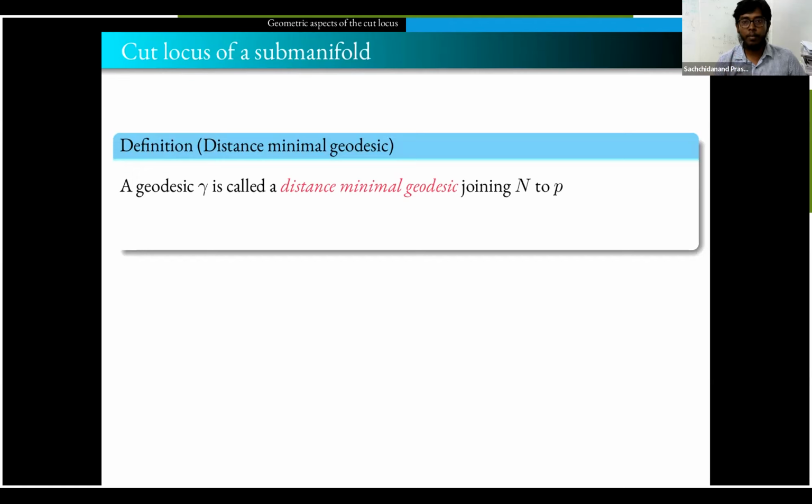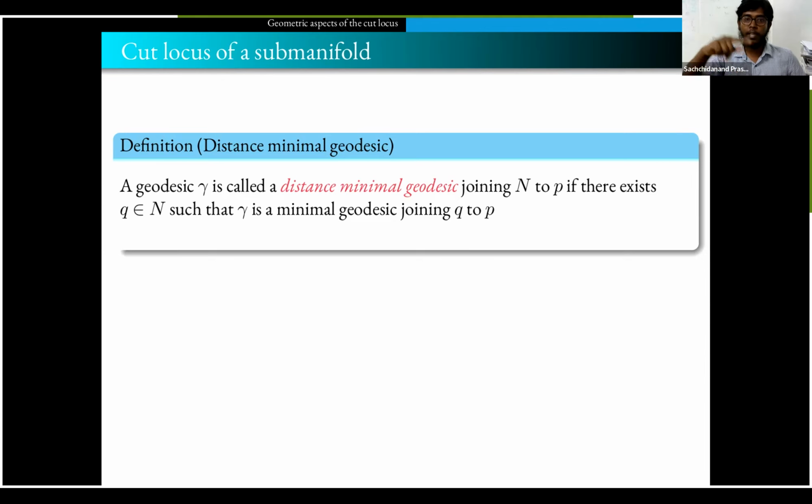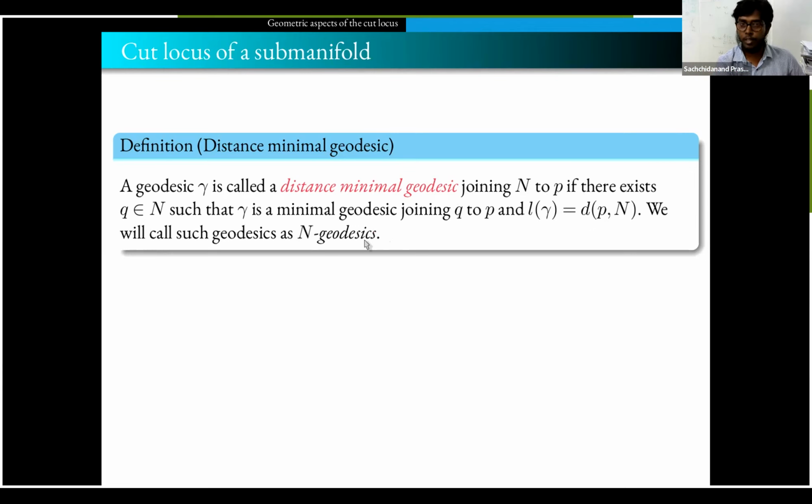If M is a Riemannian manifold and N is a submanifold of M, then a geodesic gamma is called a distance minimal geodesic joining the submanifold to point P if I can find a point Q in N such that this gamma is a minimal geodesic joining Q to P, and by minimal here I mean that the distance between these 2 points P and Q is the same as the length of the geodesic joining P to Q. And of course, the length of gamma should be equal to the distance from P to N. We will call this type of geodesic an N geodesic.